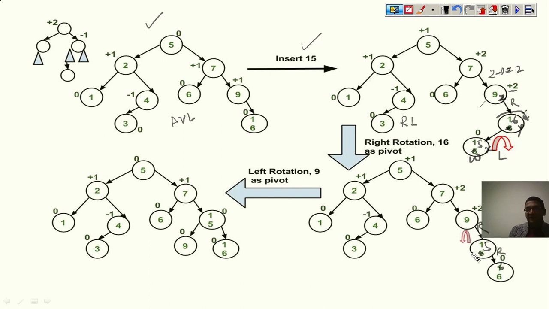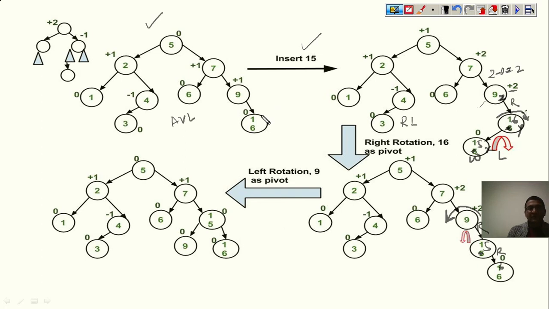In this case you again have to do a rotation. So you have to rotate from here, and when you rotate from here, 15 will go up and 9 will go down. So you can see this is how the situation will come, and if you calculate the balancing factor of each node, you will find this is balanced. So with two rotations we are able to fix our problem.